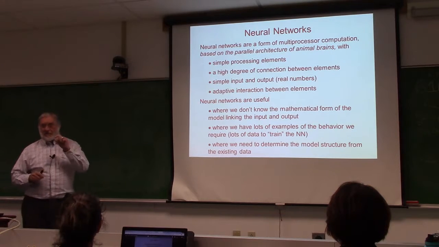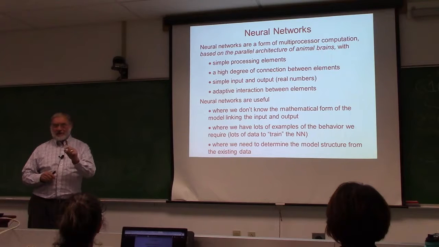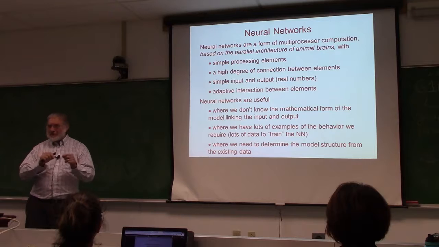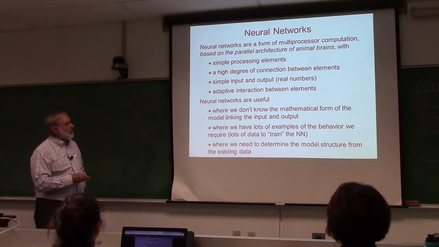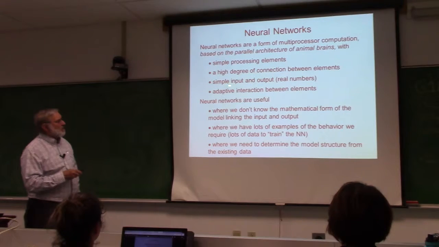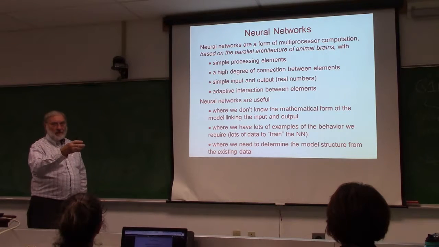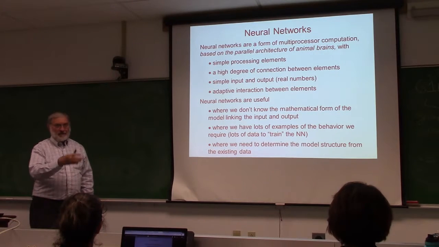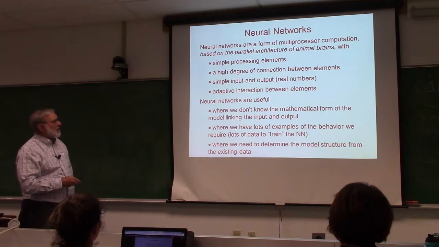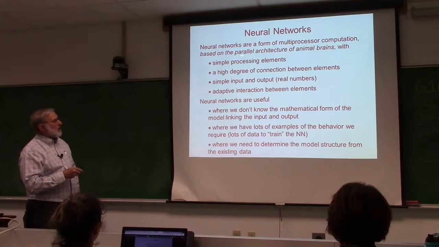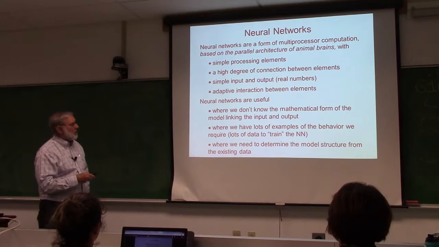That is, you make really simple little decisions like yes or no, or a number between 0 and 1. You have very simple input and output, which are just real numbers. Those could be remote sensing reflectances at different wavelengths, whatever it happens to be. And there's a lot of interaction between these elements, and we'll see how that works.